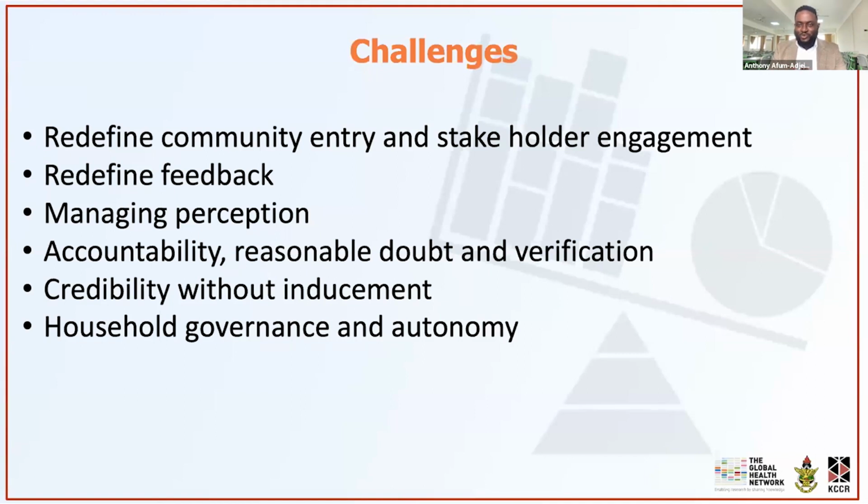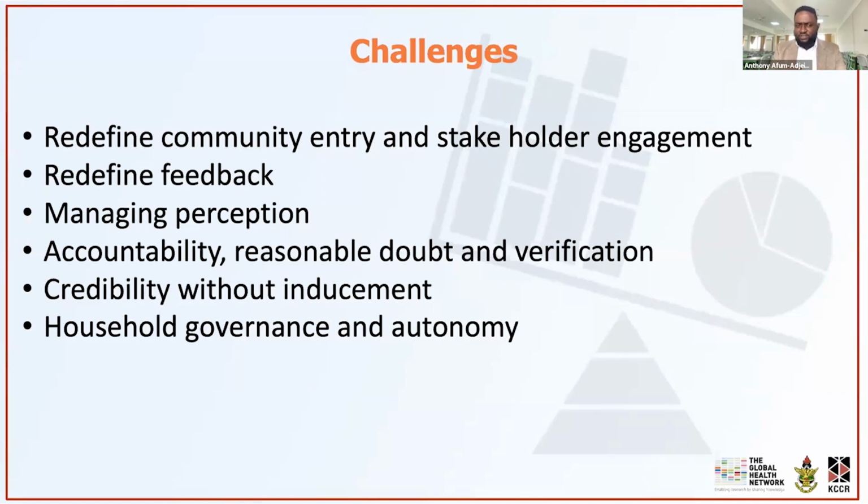And so in doing that in urban areas, where people are separated far apart and you can't use the conventional community engagement tools, you have to devise means of making sure the people who are involved are aware and understand why you're doing what you're doing.